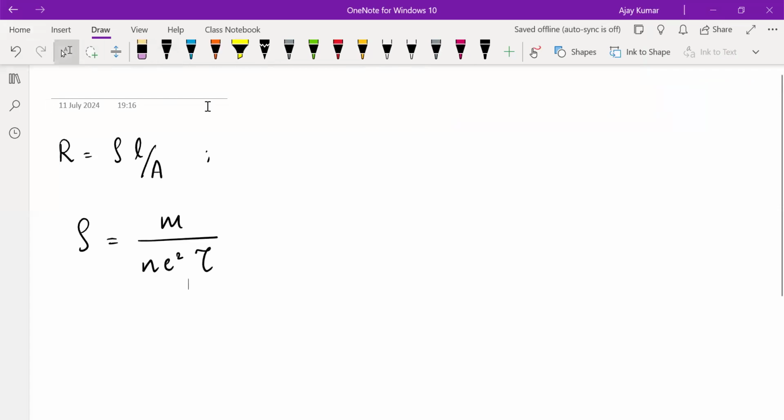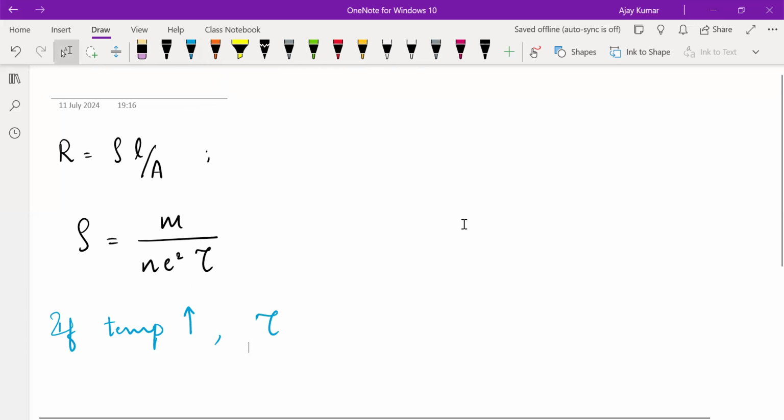Okay, now we know tau is a relaxation time. That is the average time that an electron has between two collisions. If temperature of the conductor increases, what happens to relaxation time?